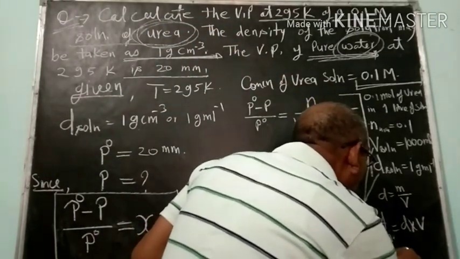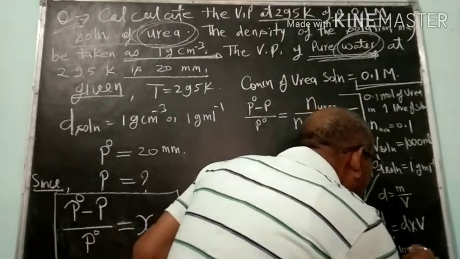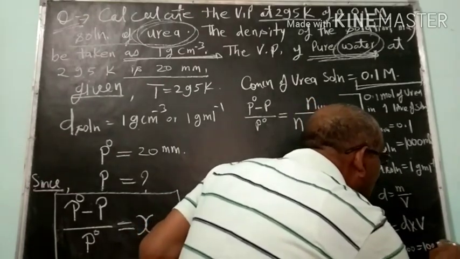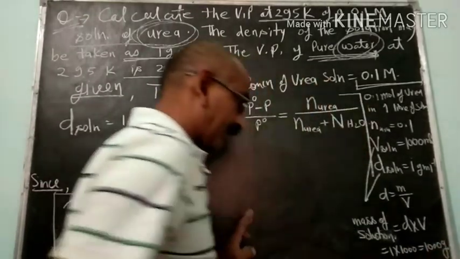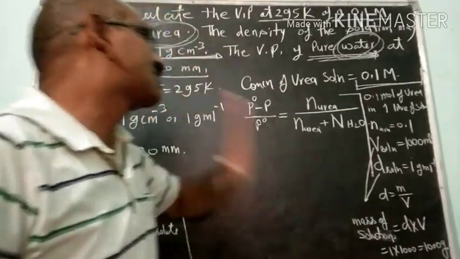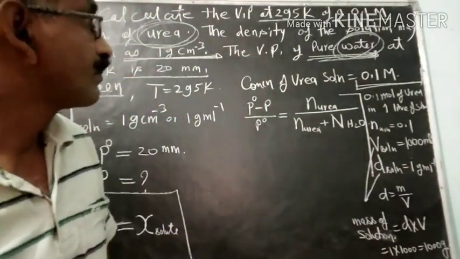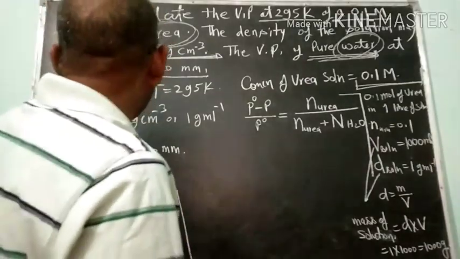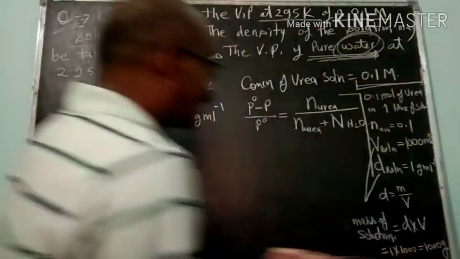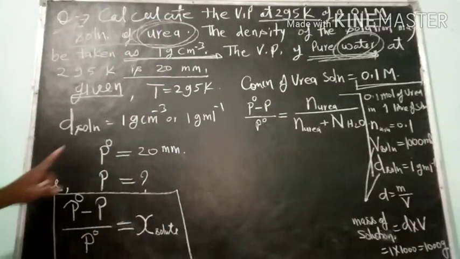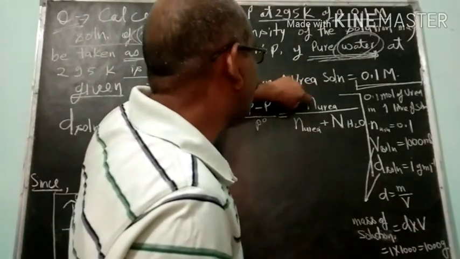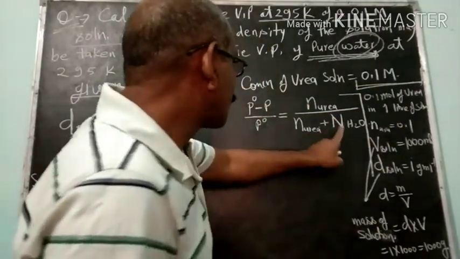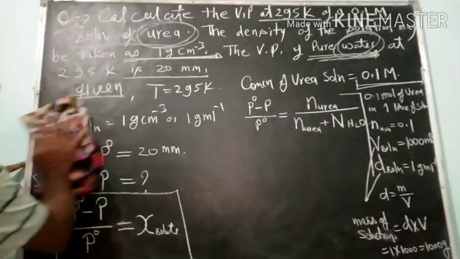Density equals 1 into volume equals 1000 ml. So it comes how much? 1000 gram. So now the mass of solution is known to you. Okay? Now the number of moles of solute, means urea, is known to us. The number of moles of solvent is to be determined.